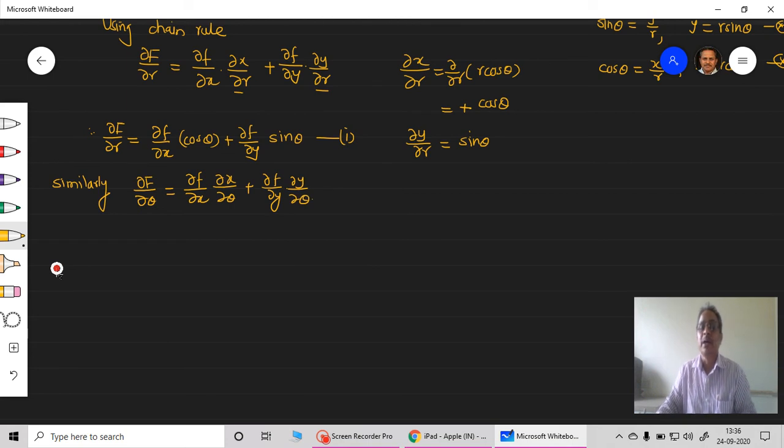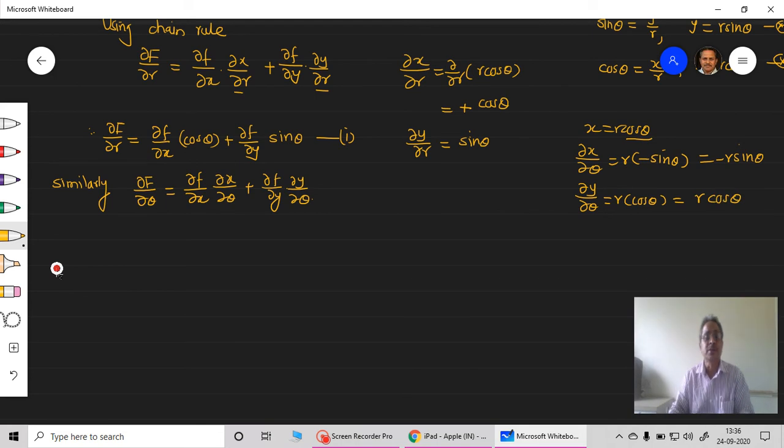We have x is equal to r cos theta, therefore ∂x/∂theta will be, r remains as it is, and the differential of cos theta is minus sin theta, so this is minus r times sin theta. This is the derivative of x with respect to theta. Similarly, ∂y/∂theta, where y is r sin theta: r remains as it is, and the differential of sin theta is cos theta, therefore this value is r times cos theta.